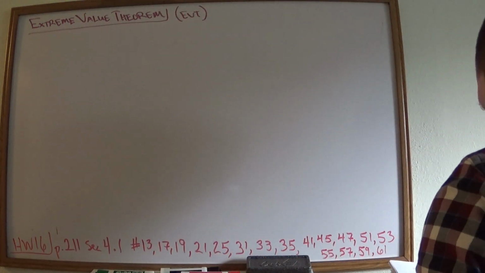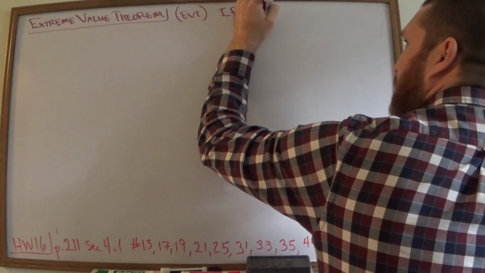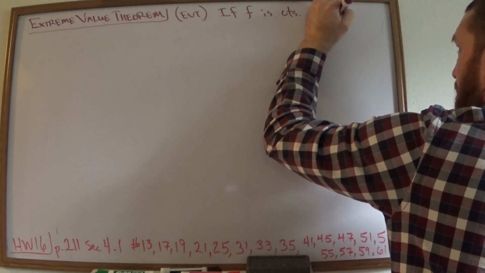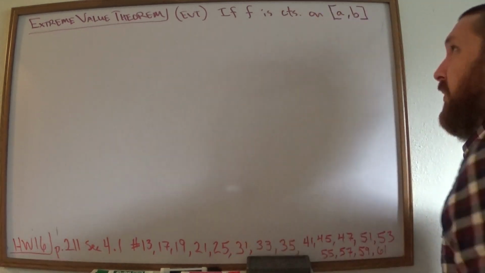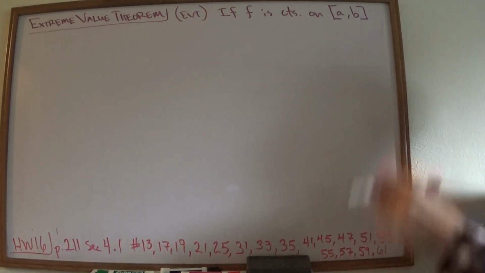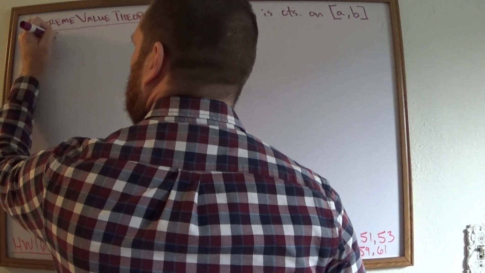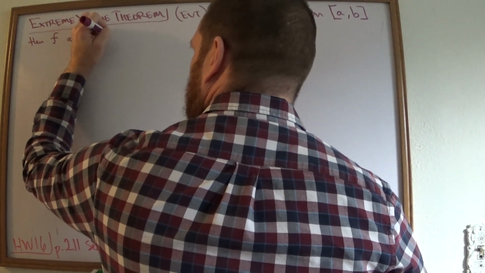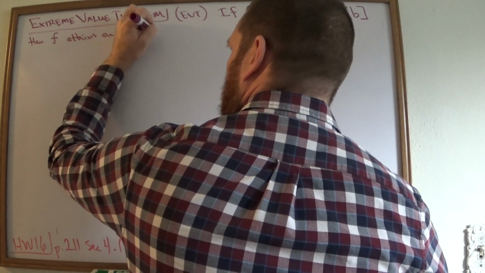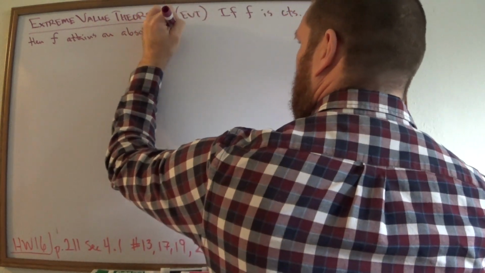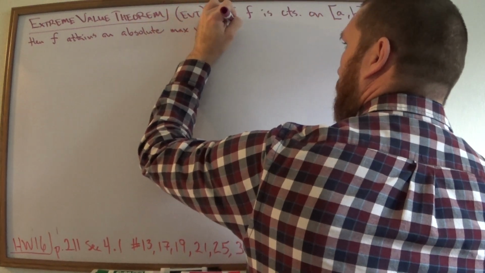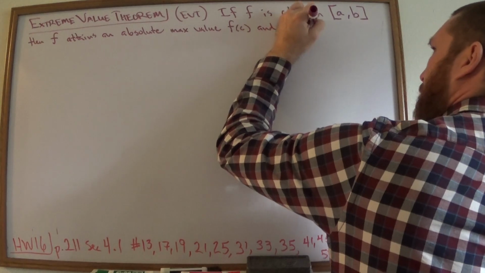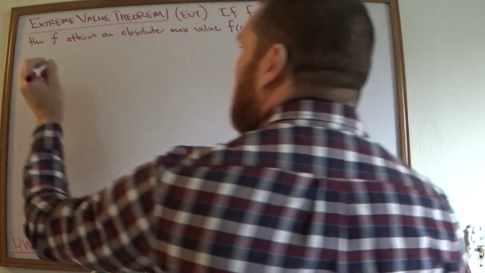The extreme value theorem says that if a function f is continuous on the closed interval, this is important, on the closed interval a to b, then f attains an absolute max value, call it f of c, and an absolute min value.